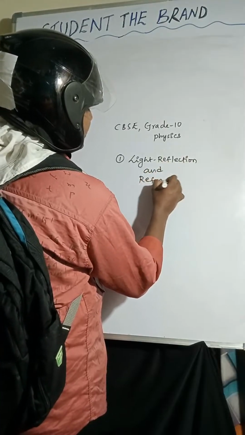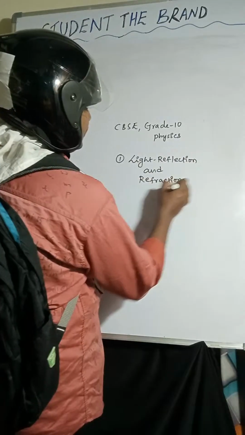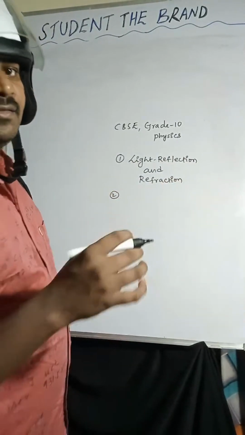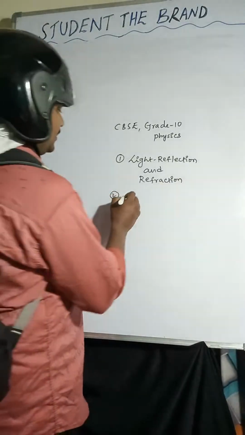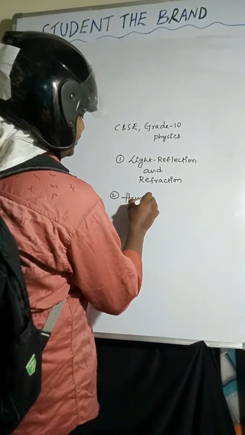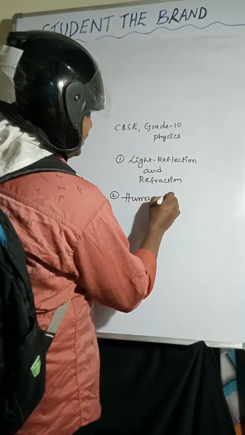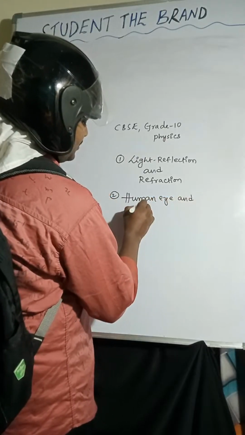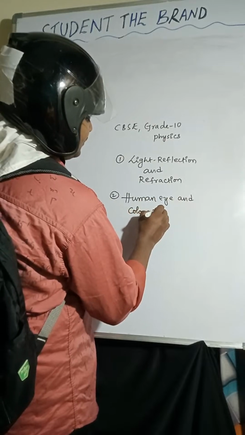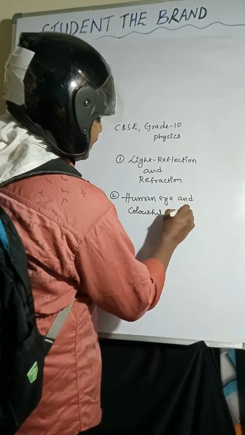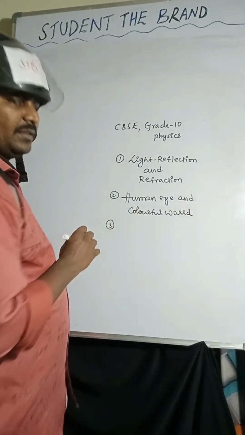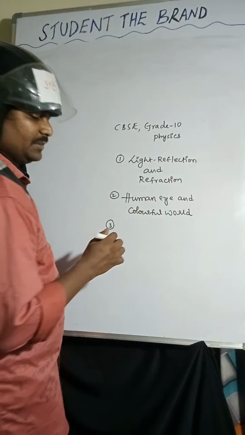The second one is human eye and colorful world. Coming to the third one, electricity.